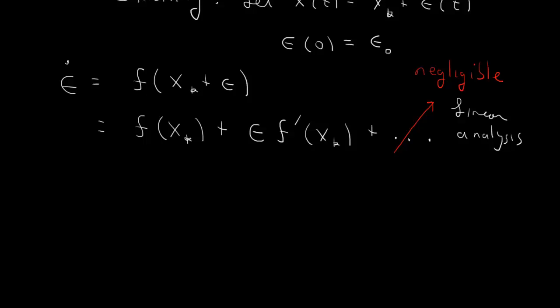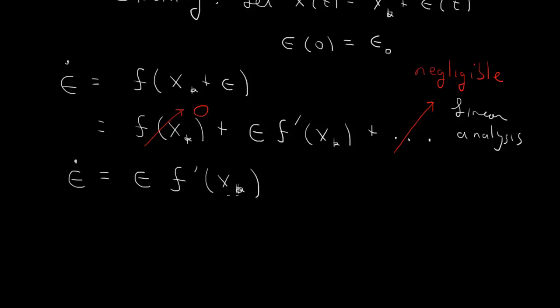So that's why it's called a linear analysis. So x star is a fixed point, so this term is 0, f of x star equals 0. So then we have the differential equation for the perturbation: epsilon dot is equal to epsilon times f prime of x star, which is a constant.